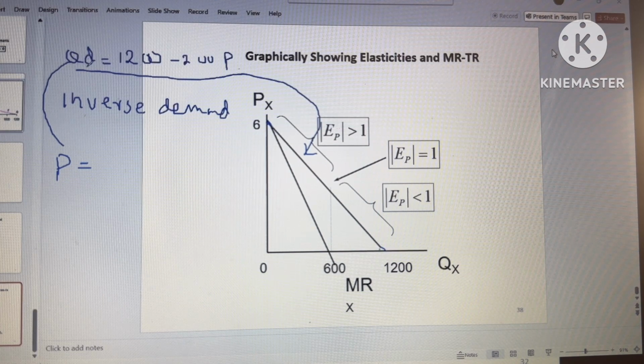Solve this equation for P. So what is the answer? There is no economics here. I want you to bring this P to this side and Q to this side. That's the only thing that I want.